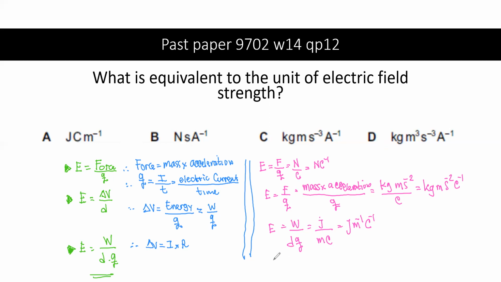Now, let's try to modify again. So we have force divided by Q, F divided by Q. We will try to modify Q equals I over T. So then F over I over time, and I can replace it with Ft divided by I. The unit for F is Newton, times second, over the unit for the electric current, which is ampere.